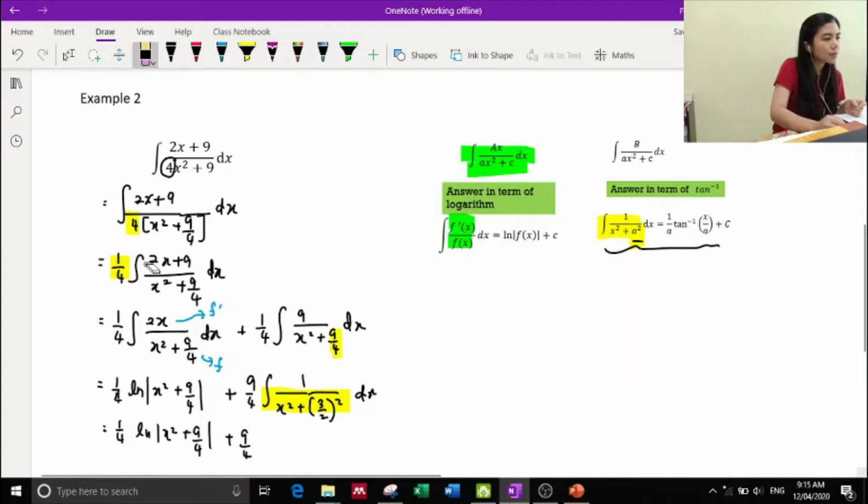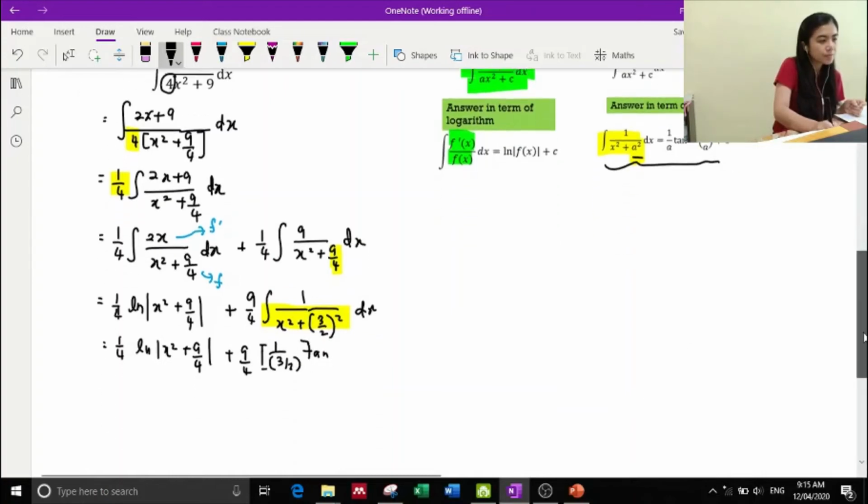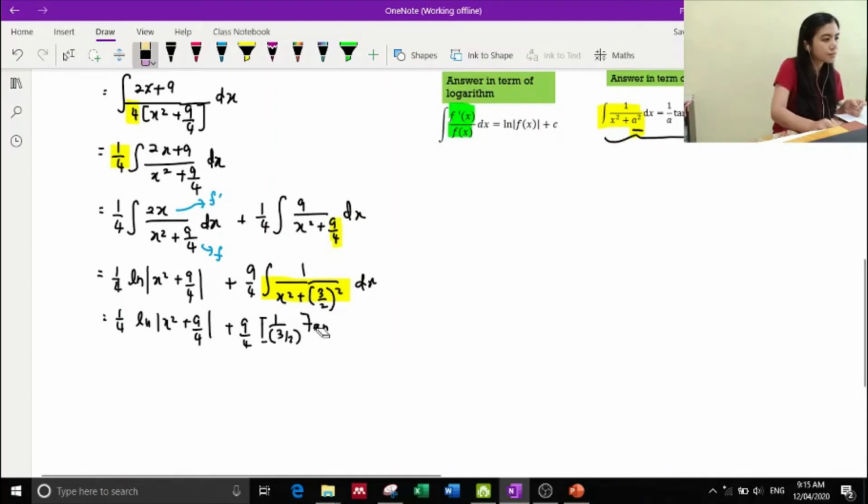So you have 1 over a, 1 over 3 over 2, and we have the tangent inverse, 1 over a is 3 over 2, and tangent inverse of x over 3 over 2, and plus c.